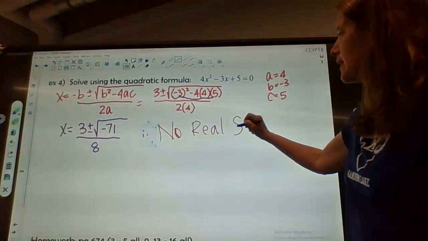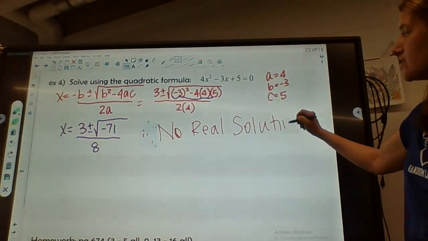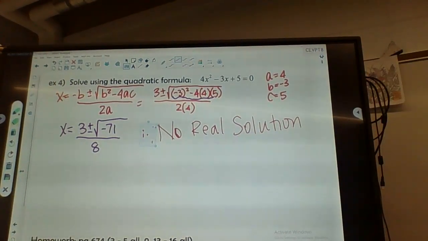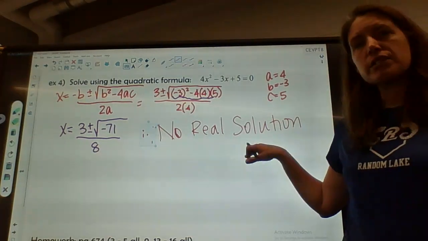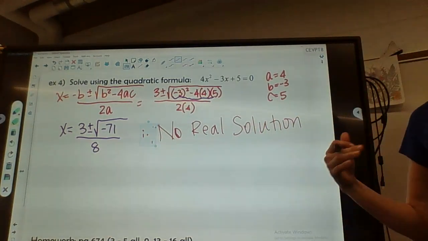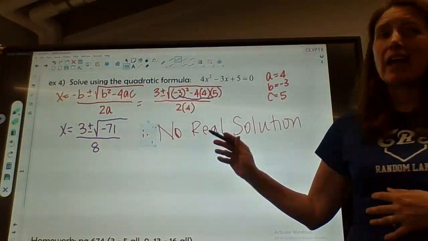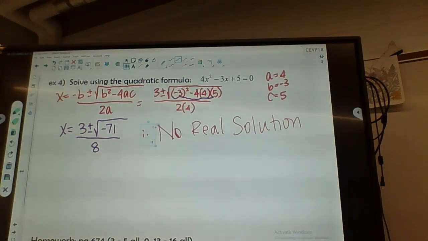What this means is that there's not an answer we can find right now. Maybe in Algebra 2, if you decide to take that class, you'd be able to figure out an answer for it, but it would be what we call an imaginary solution, which is a thing. So if those come up, it's possible, but this is less likely. This is one of those rare things that happen. So if you have that happening every time, let's talk and make sure something isn't going wrong.